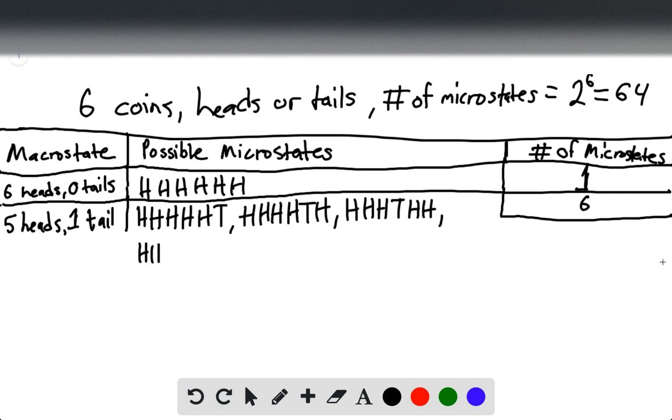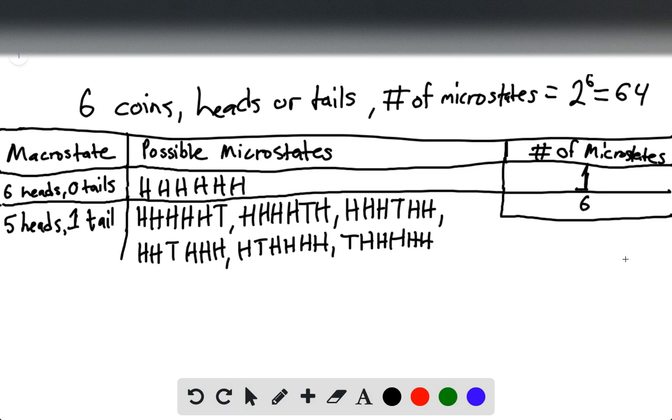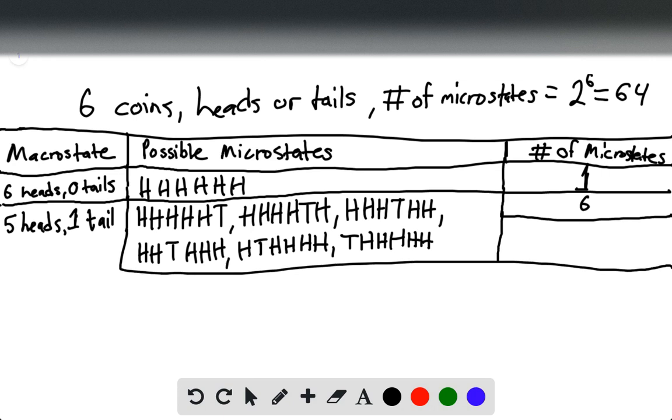So H, H, H, T, H, H, and then H, T, H, H, H, H, and then of course T, H, H, H, H, H. So that would be our 6 microstates. And let's go for the next one.